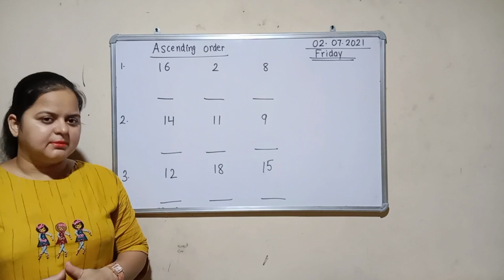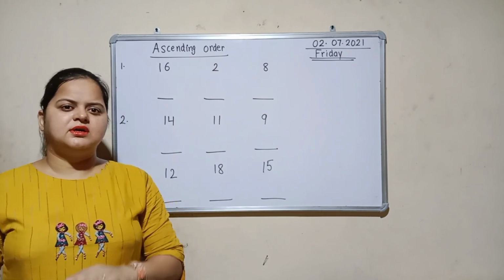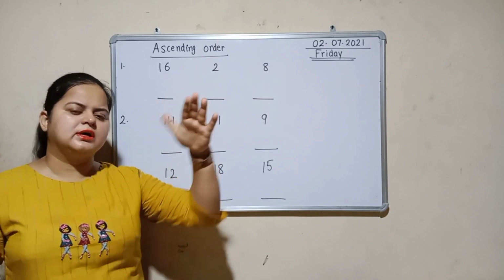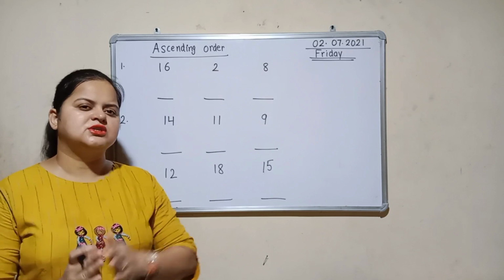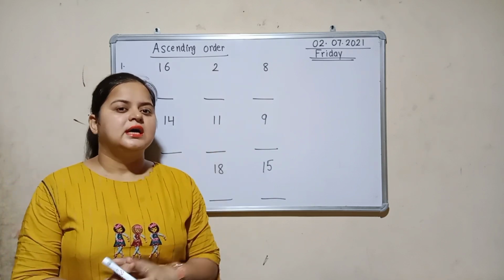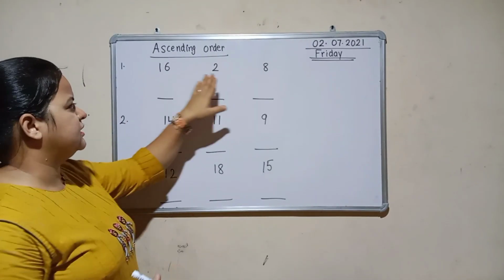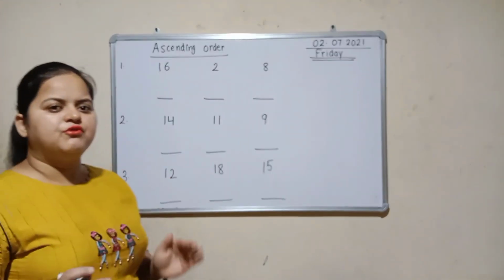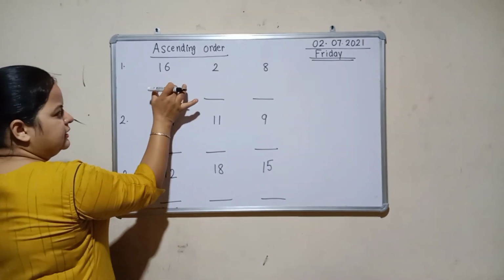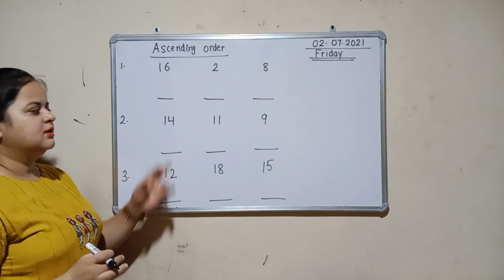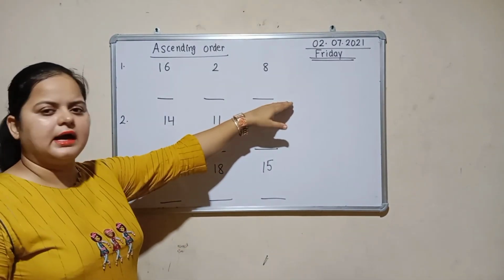To arrange the numbers from smallest to greatest is called ascending order. So from these three numbers 16, 2 and 8, we have to find the smallest number first and write that number on the first place and the greatest number in the last.